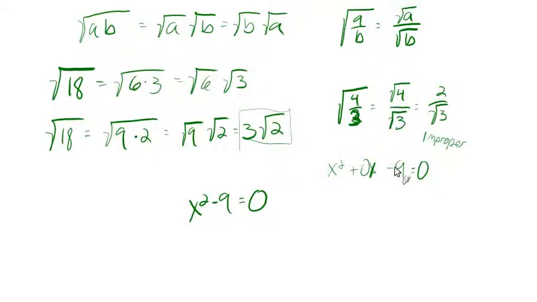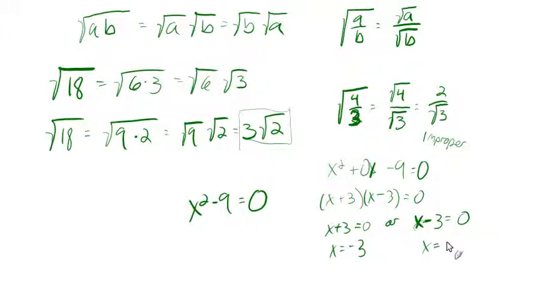And then we'd say what multiplies to make negative 9 and adds to make 0. So x plus 3 times x minus 3 is the factored form. So x plus 3 equals 0, or x minus 3 equals 0. So x equals negative 3, or x equals 3.